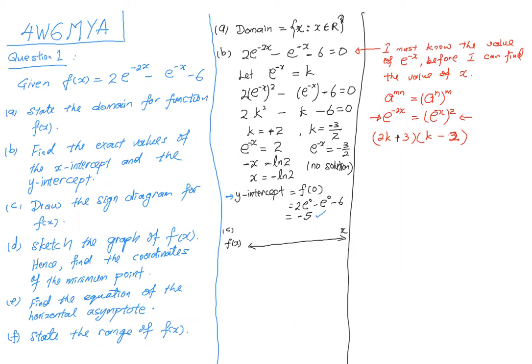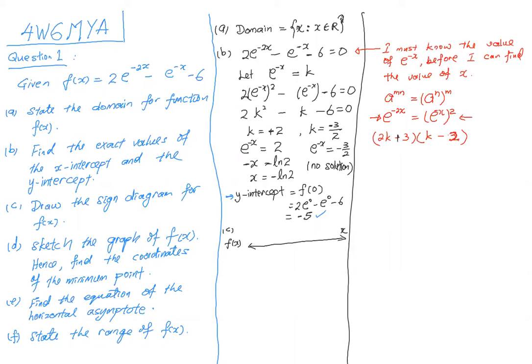You have to answer me. There are only 2 numbers that we calculate. I told you already, we never mark the y-intercept on the sign diagram. The sign diagram represents the x-axis. This line represents the x-axis. So what must we mark down?